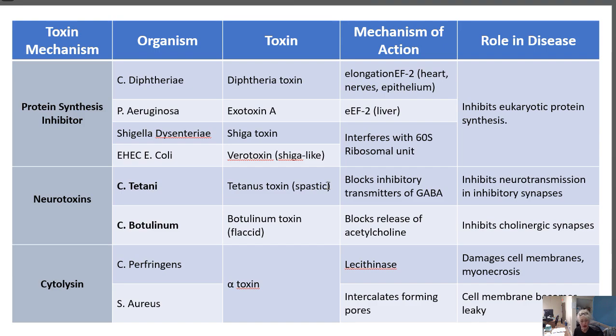C. botulinum, very dangerous, causes flaccid paralysis. Maybe you've heard of floppy baby syndrome. That's why we don't give infants honey until their enteric system has developed enough immunity and bacteria in itself to be able to fight against the bacteria in raw honey.